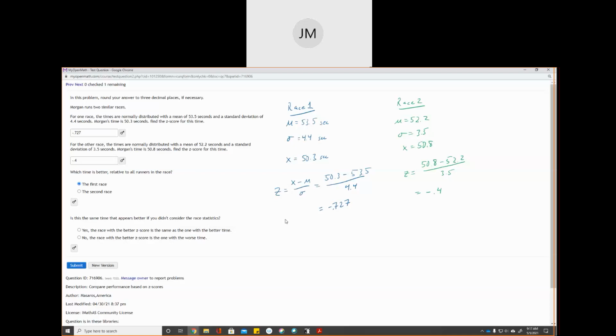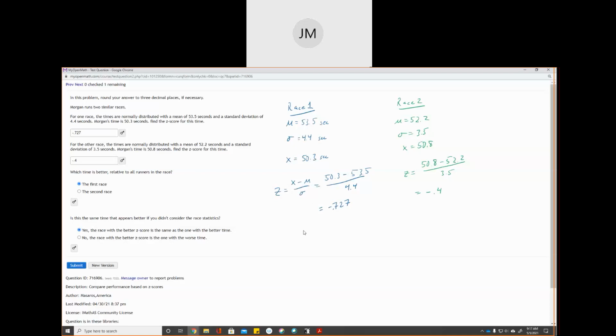If I look at her actual times, her time in the first race is 50.3 seconds. That is faster than 50.8 seconds. So in this case, the better z-score is also the one with the better time. But that may not always happen.